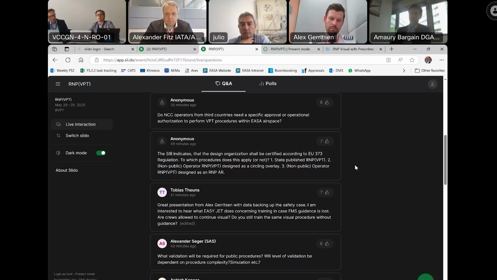It's up to them, but you don't need an authorization from EASA or any European competent authority in this regard. You do what the authority of your country says. And of course, if you are an ICAO country, you can operate as per your procedures and your authorization or validation or whatever you have in your national country.